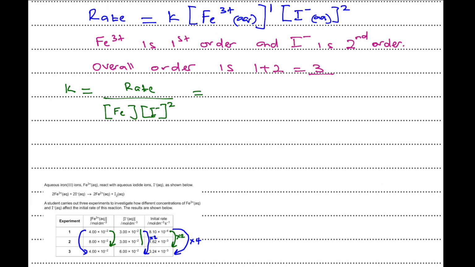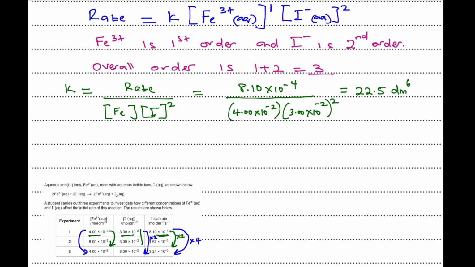And that will be equal to, we pick the first experiment here, 8.10 times 10 to the power minus 4 divided by, we have to use the concentrations here and there, 4.00 times 10 to the power minus 2 times 3.00 times 10 to the power minus 2, all squared. And that will give 22.5 decimeter to the power 6 per mole squared per second.